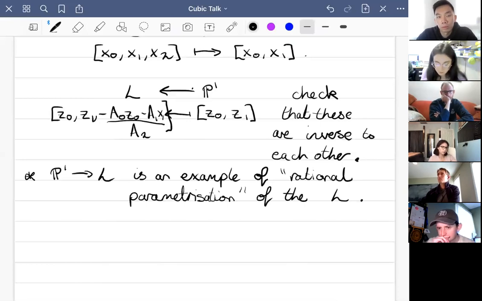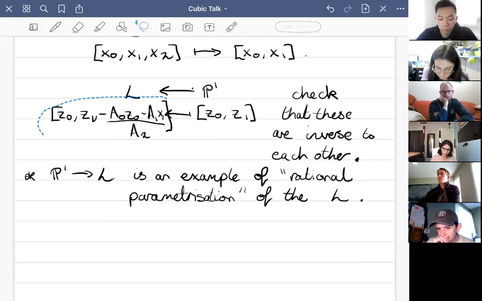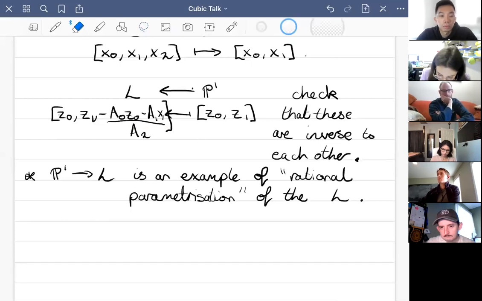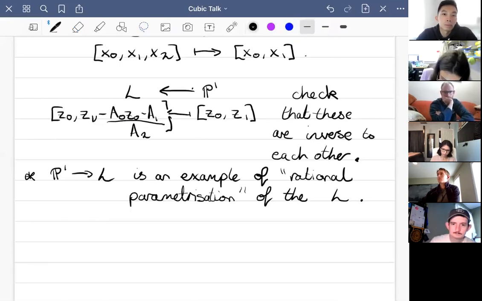Okay, so what do I mean by this? I can write the coordinates for my line in terms of some rational functions. In here, these are actually linear: we have just Z0, Z1, and then some linear combination of Z0 and Z1.